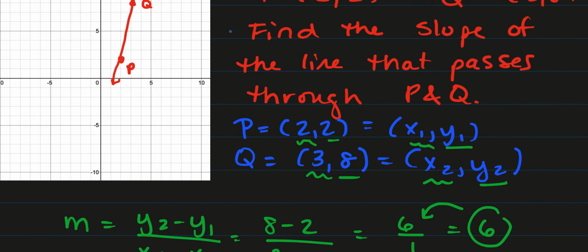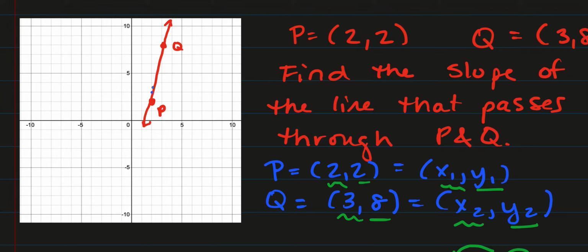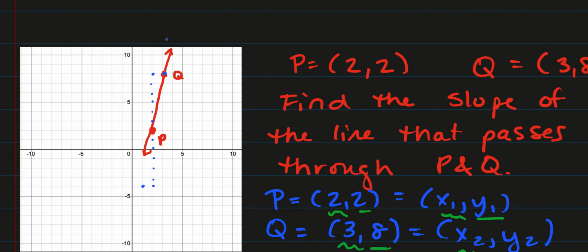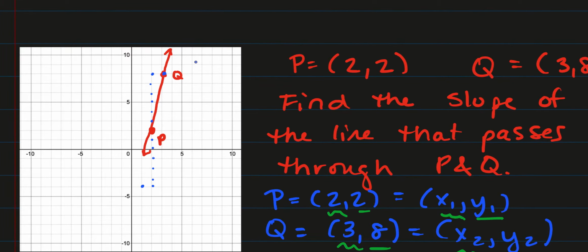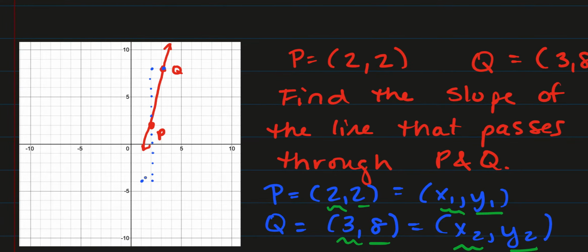So we're going to go up 6 from P. You can see 1, 2, 3, 4, 5, 6, and to the right 1 to get to Q. We could also go down 1, 2, 3, 4, 5, 6, and over 1 to get to my next point, if I had just continued this line. And then you could also go up 6 and over 1 to get to another point. Of course, there's lots of points in between, and you can find those as well. But we're just going to focus on this piece right here.